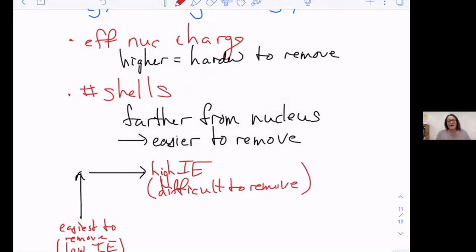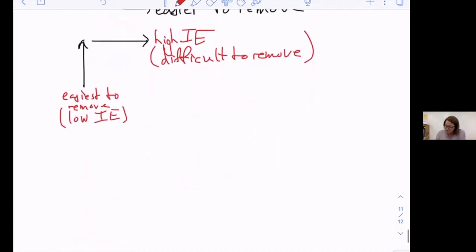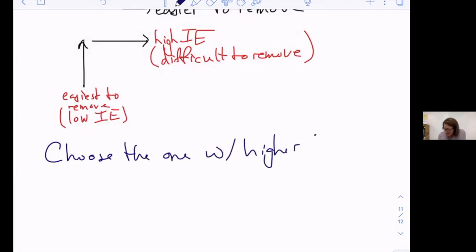If we ask you to make comparisons to which one has a higher or lower ionization energy, you can, generally speaking, just look at the position on the periodic table. So for example, I can ask you this question. Choose the one with higher ionization energy.